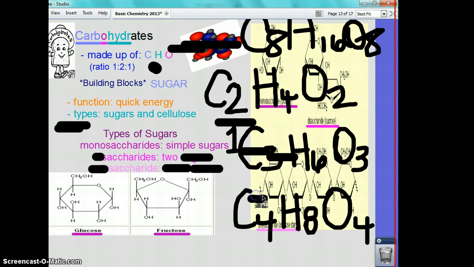Later, you can have a carb made up of two sugars. Poly is many sugars. What's two sugars? Bi is good. What's another one that describes two? Not bi, but di. Disaccharide.